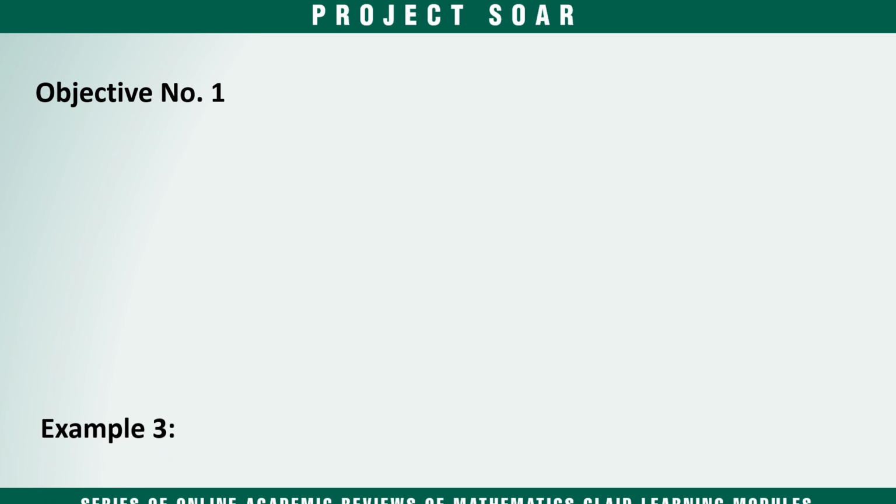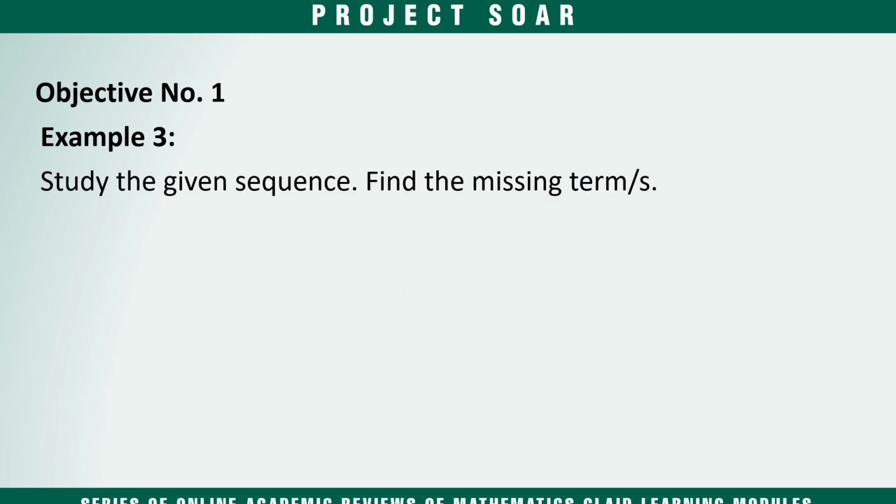Objective number 1, example number 3. In this example, I just introduced to you the number sequence. So I'm going to introduce the given sequence and then we are going to find the missing terms, but we will answer it on another slide. But here again, the sequence that I'm going to introduce to you, the number sequence.